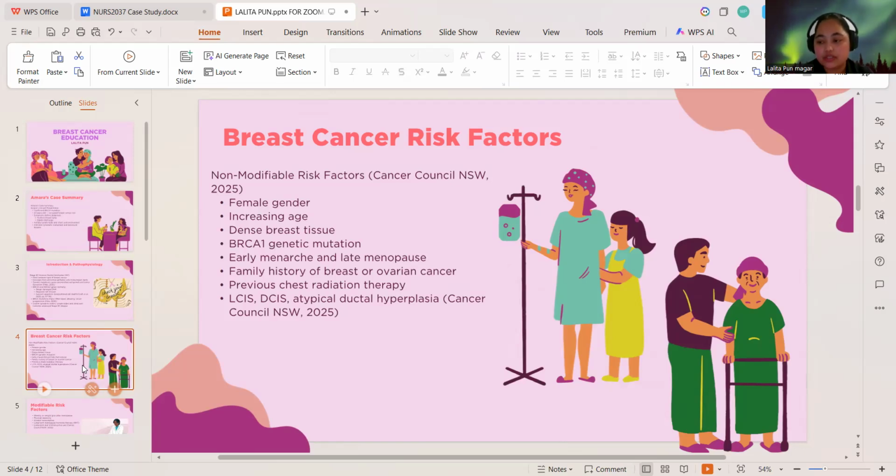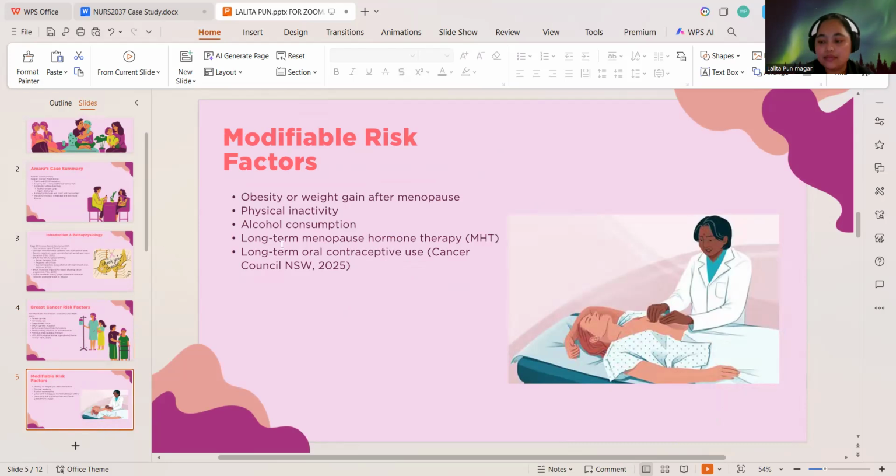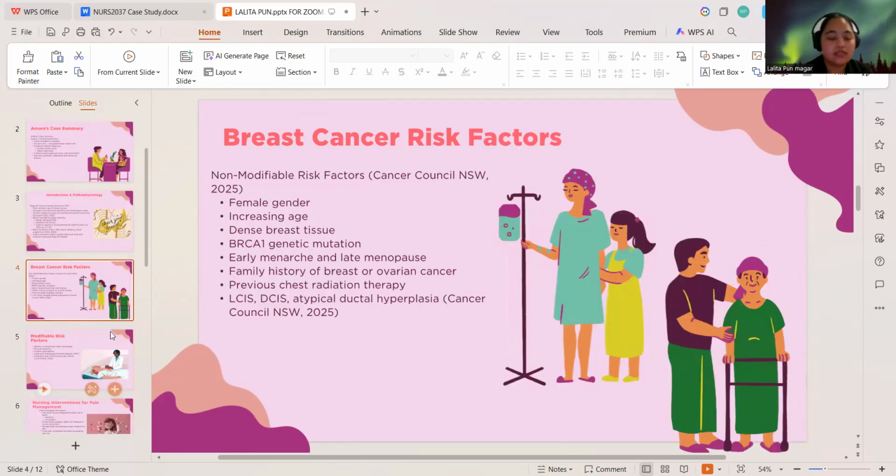And genetic mutations such as BRCA1 also significantly increase the risk. And medical factors such as previous chest radiation therapy, LCIS, DCIS. So LCIS stands for Lobular Carcinoma In Situ, and DCIS stands for Ductal Carcinoma In Situ.